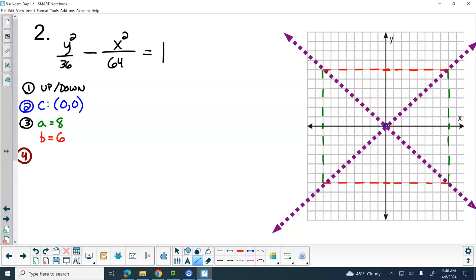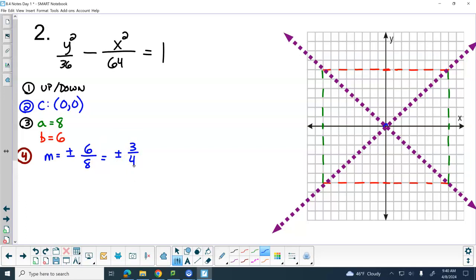What are the slopes of those two lines? Plus and minus 6 over 8, which reduces to 3/4, right? Because it's B over A, so it's 6 over 8, which reduces to plus and minus 3/4.